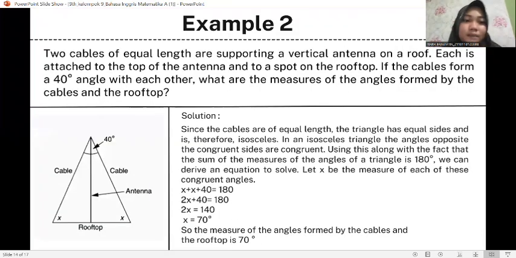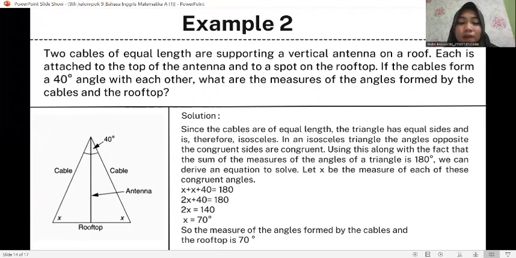Okay, next, example 2. Cables of equal length are supporting a vertical antenna in an array. Each is attached to the top of the antenna and to a spot on the rooftop.